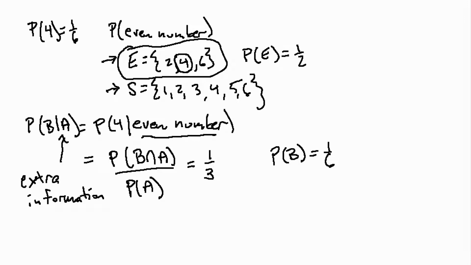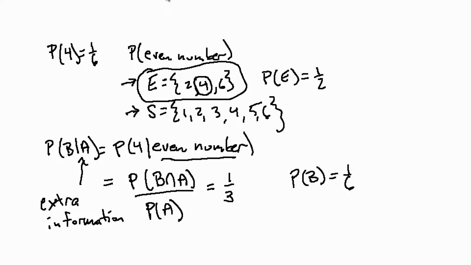Now, let's consider an example out of your book. Again, this goes back to rolling dice. Your author talks about rolling 2 dice, or he says the dice have different colors. But he asks, what is the probability? So I'm going to roll 2 dice.